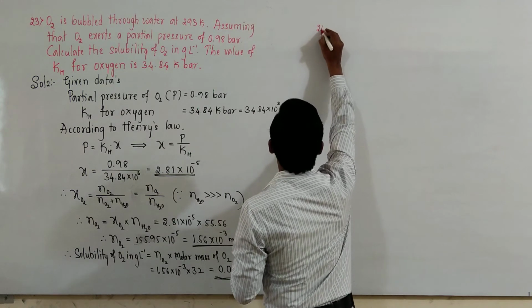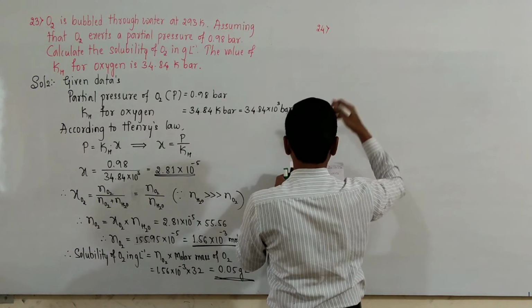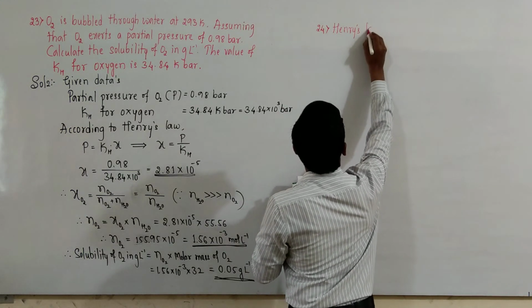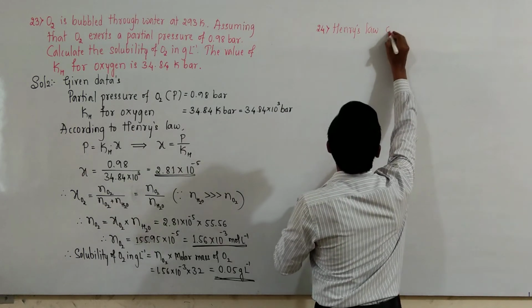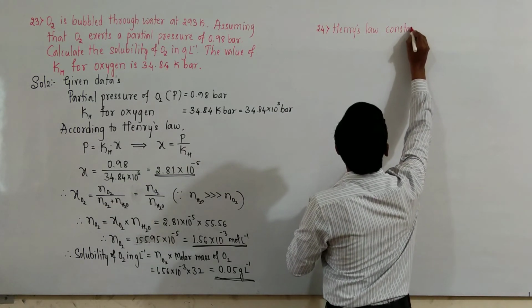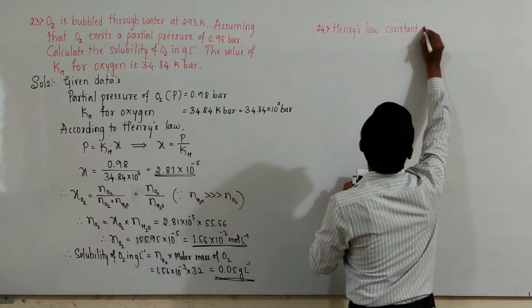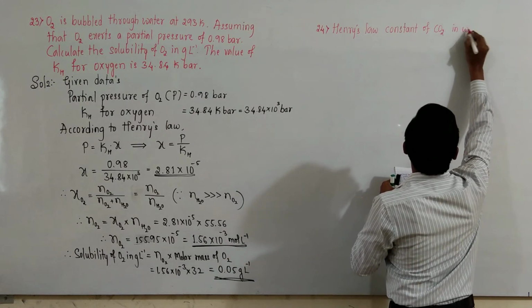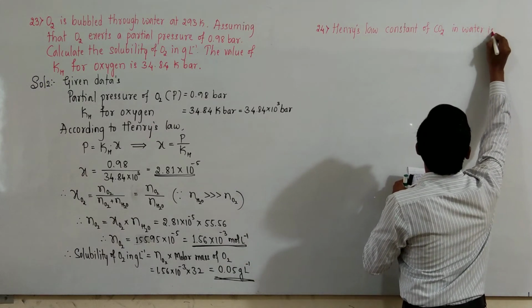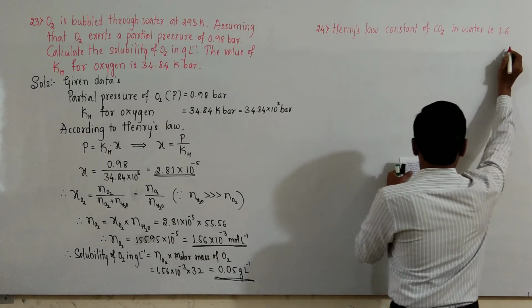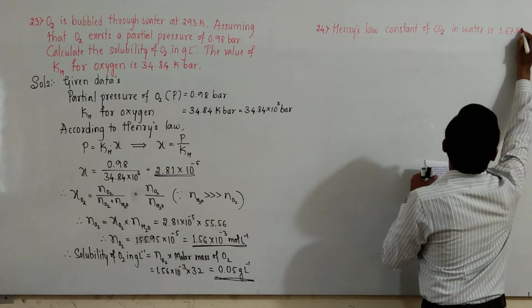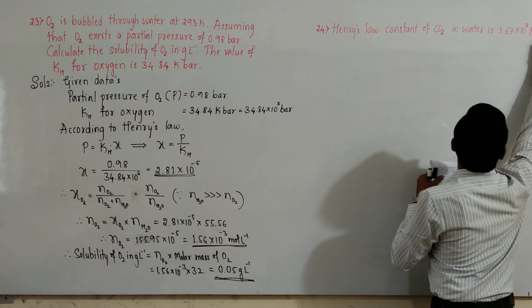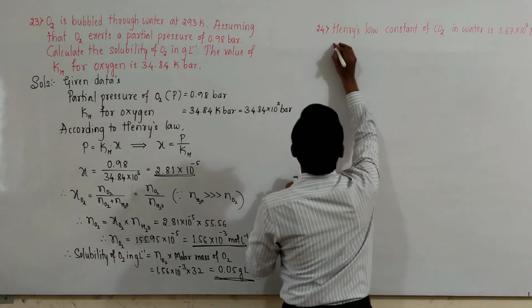Next, 24th question is: Henry's law constant of CO2 in water is 1.67 into 10 raised to 8 Pascal at 298 Kelvin.